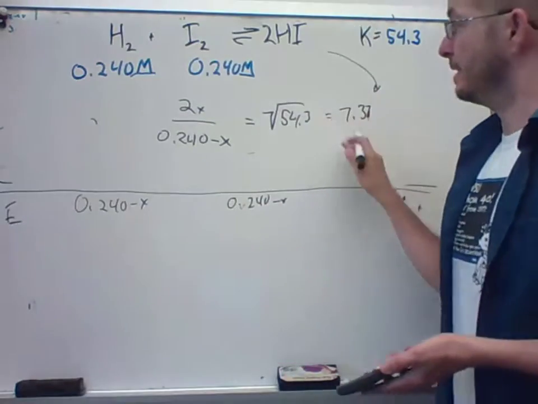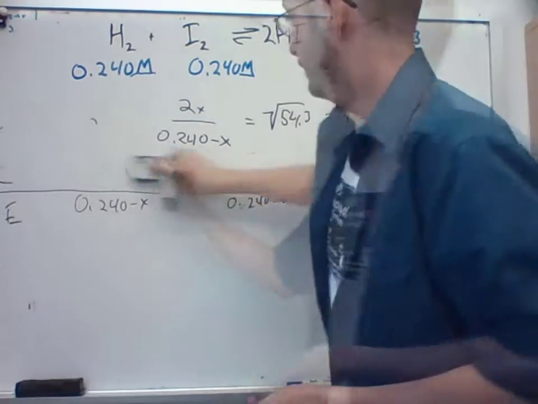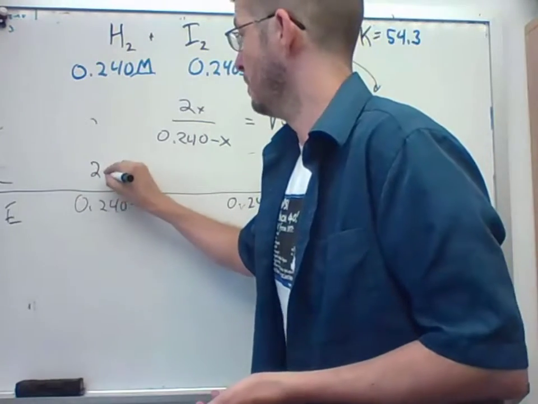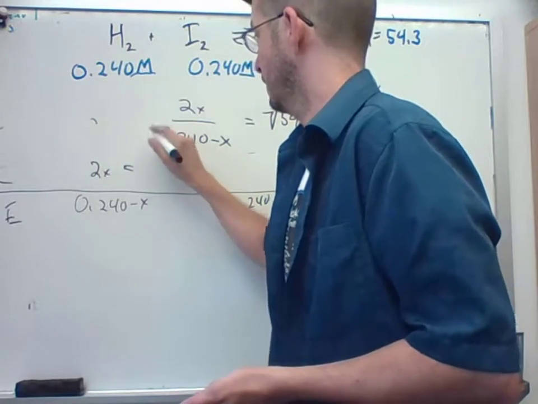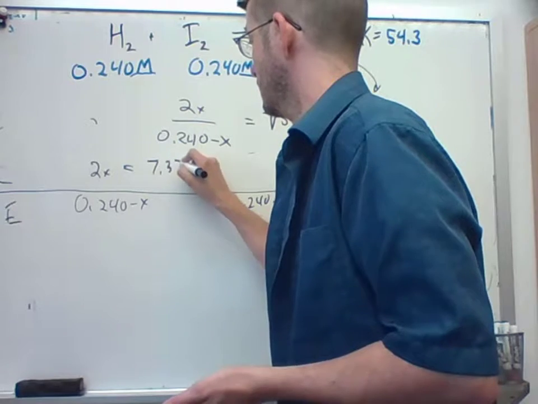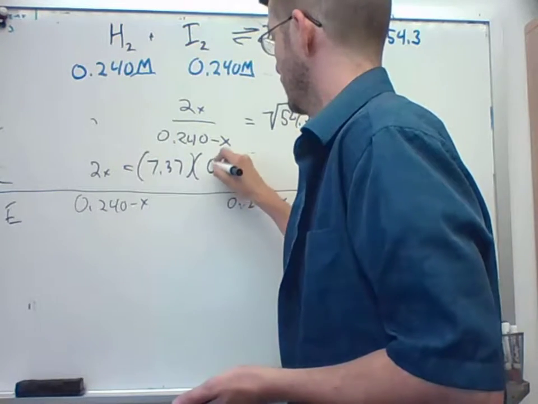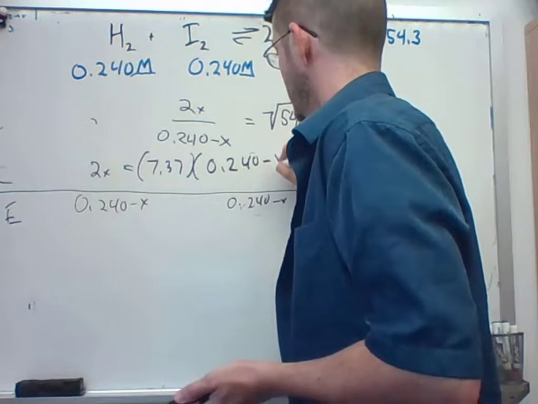So once we have it in this form, we have to rearrange. This becomes 2x is equal to this number, 7.37 times 0.240 minus x.